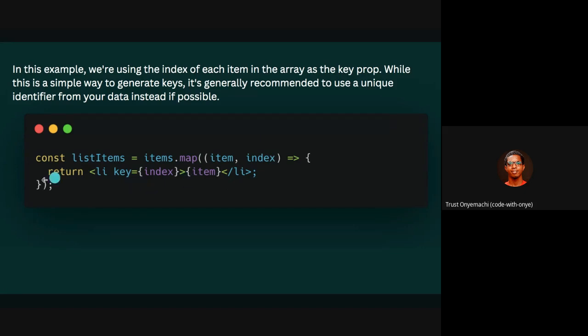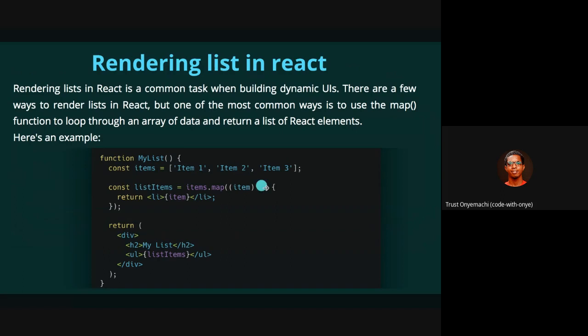Let's think about it. We have item 1, item 2, and item 3. Let's say these 3 items are being rendered to the UI, and the first item has an ID of 1, item 2 has an ID of 2, and item 3 has an ID of 3. So it's easier for you to know which item you are trying to call by using the ID.